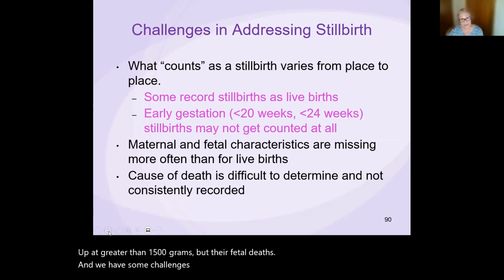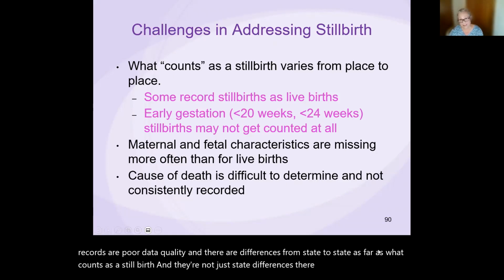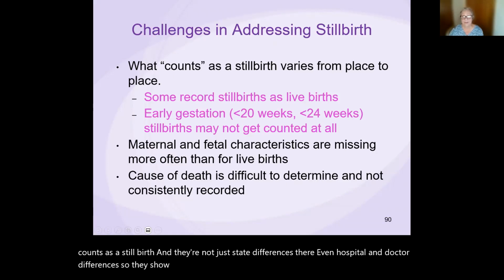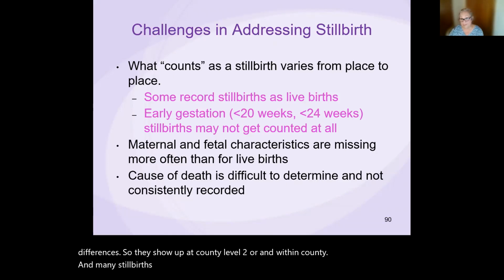As I mentioned before, the fetal death records are poor data quality, and there are differences from state to state as far as what counts as a stillbirth. And they're not just state differences, they're even hospital and doctor differences. So they show up at county level too, and within county. And many stillbirths don't get counted at all, on purpose and not on purpose.